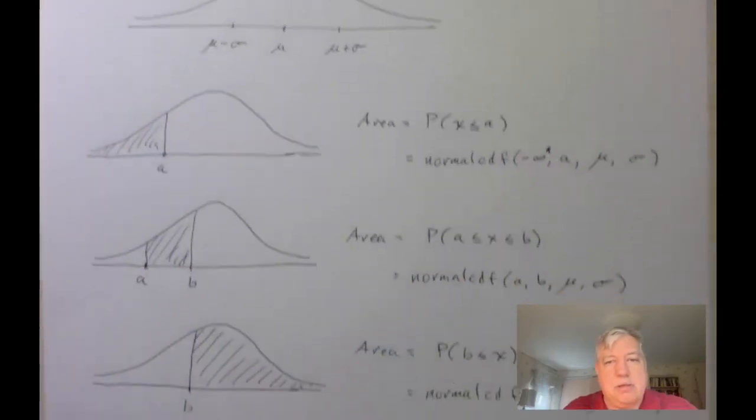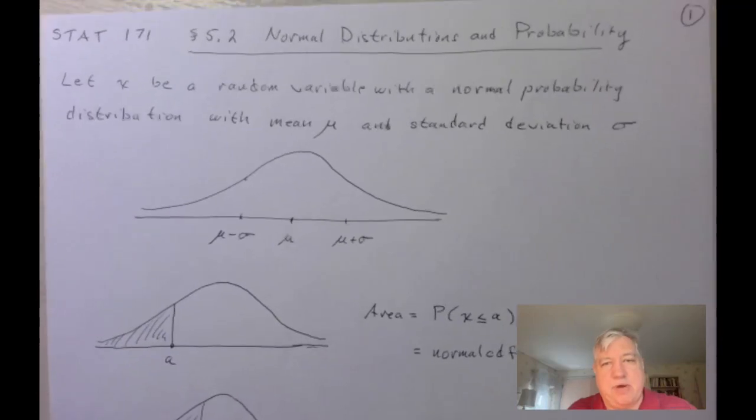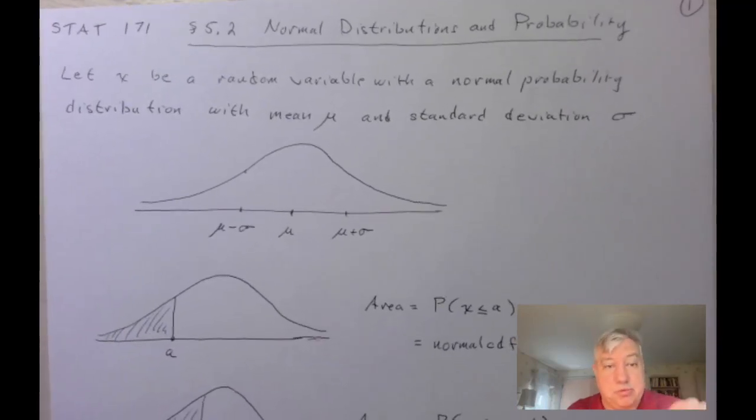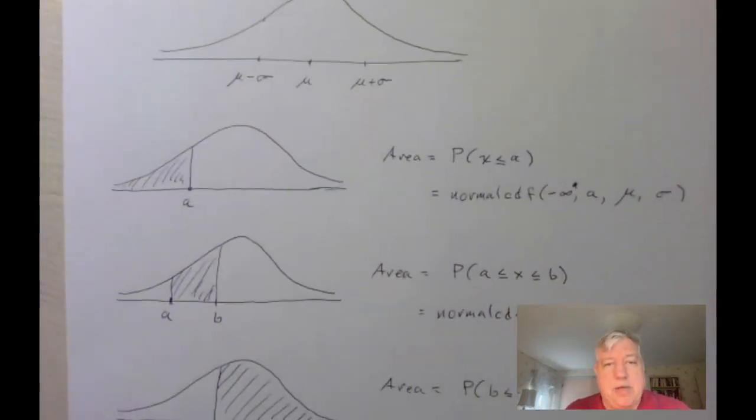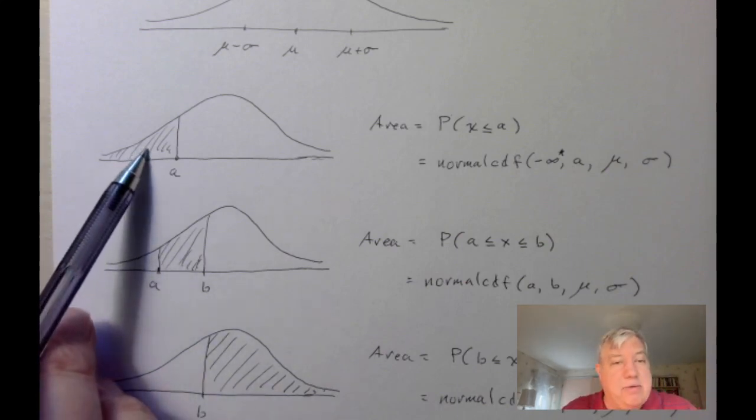So now we'll assume that x is a random variable with a normal probability distribution with mean mu and standard deviation sigma. If we wanted to find the probability that x is less than or equal to a, or just strictly less than a, doesn't make a difference, that amounts to finding the area under this curve.